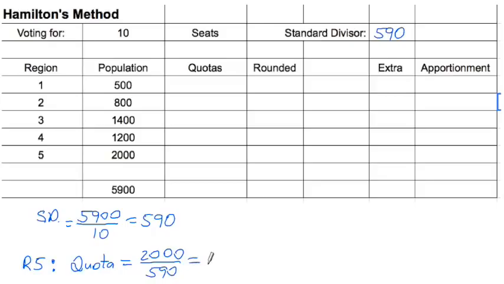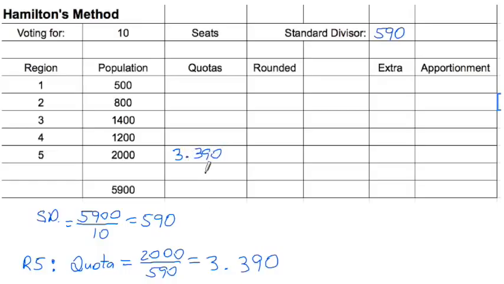And we would get, see here, 2,000 divided by 590. And 3 decimal places is a good place to round it, so this will be 3.390. So I'll put that here, 3.390.